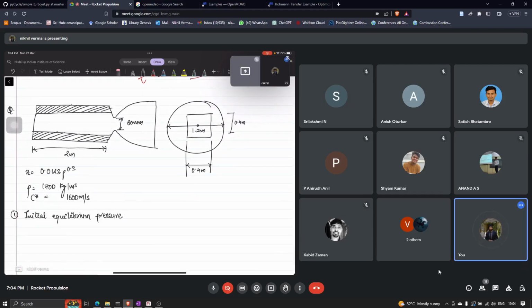So how will you calculate the initial equilibrium pressure? Sir, by using that formula. Okay, basically what you have to do is the mass balance, right? Whatever we are burning through the surface is getting expelled from the nozzle.